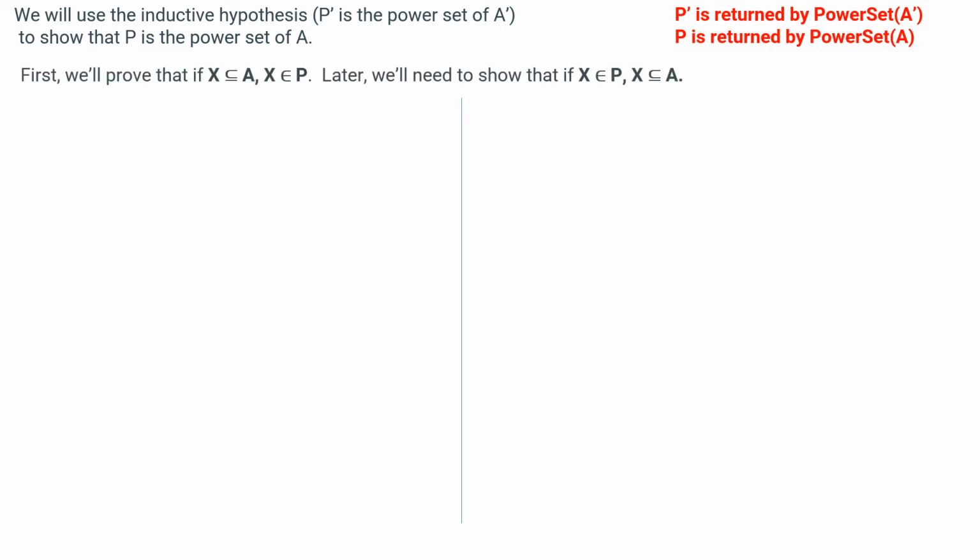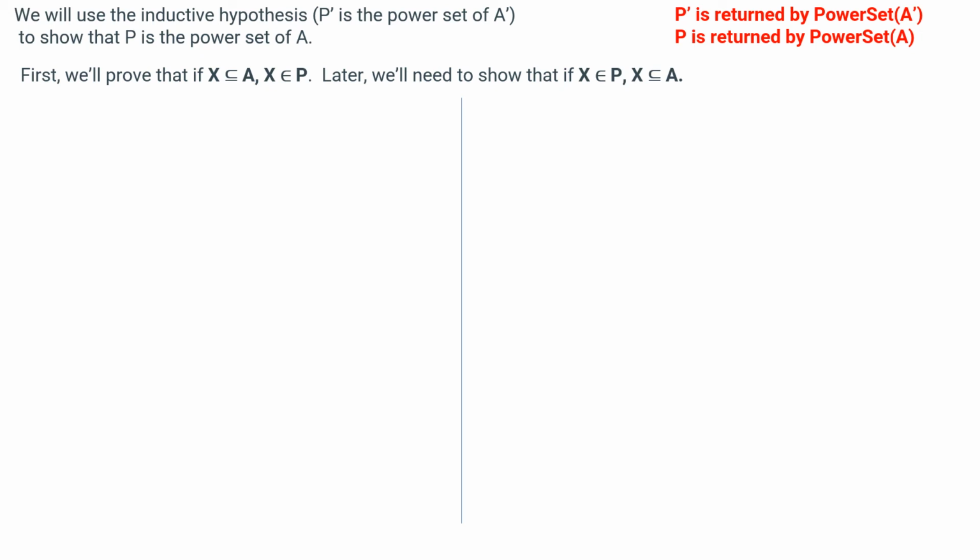Now, here's what we have to do in order to prove that. We're going to first prove that if we've got some subset of A, we'll just call that X, then X will end up being in P, which is what's returned. Okay, so that means all the subsets of A are going to be in there.